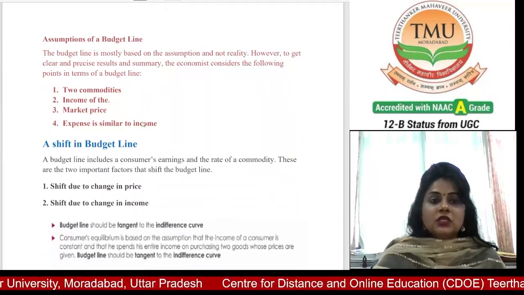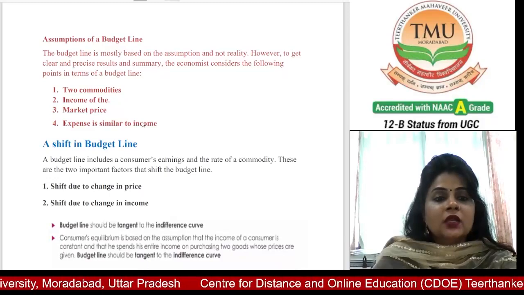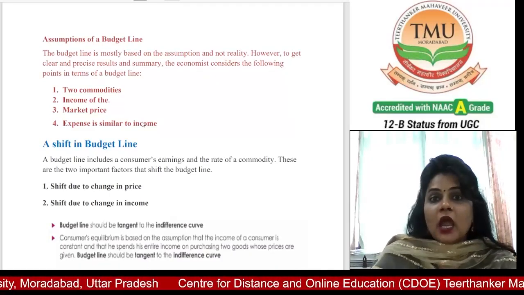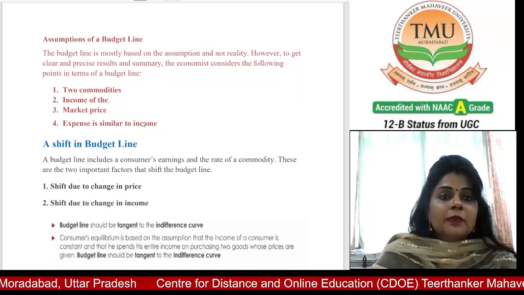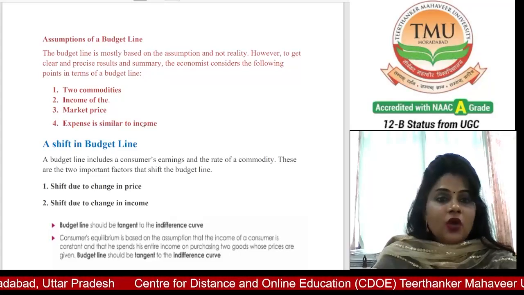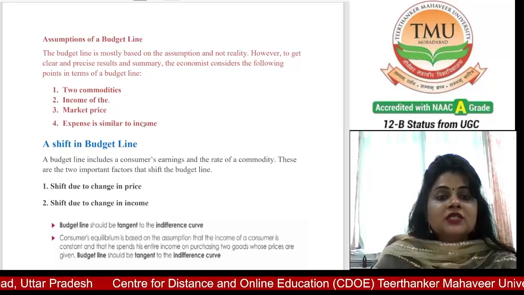And now we see what the assumptions of the budget line are. The budget line is mostly based on assumptions and not reality. However, to get clear and precise results and summaries, economics considers the following points in terms of a budget line.